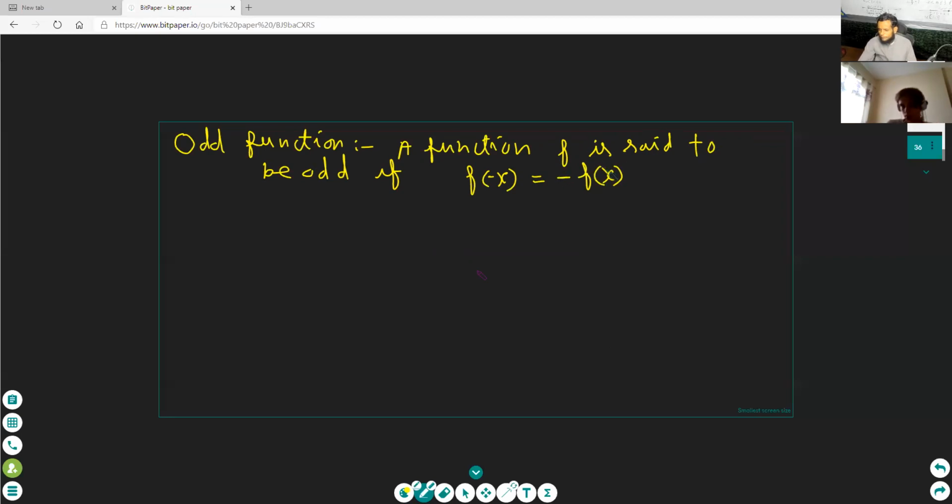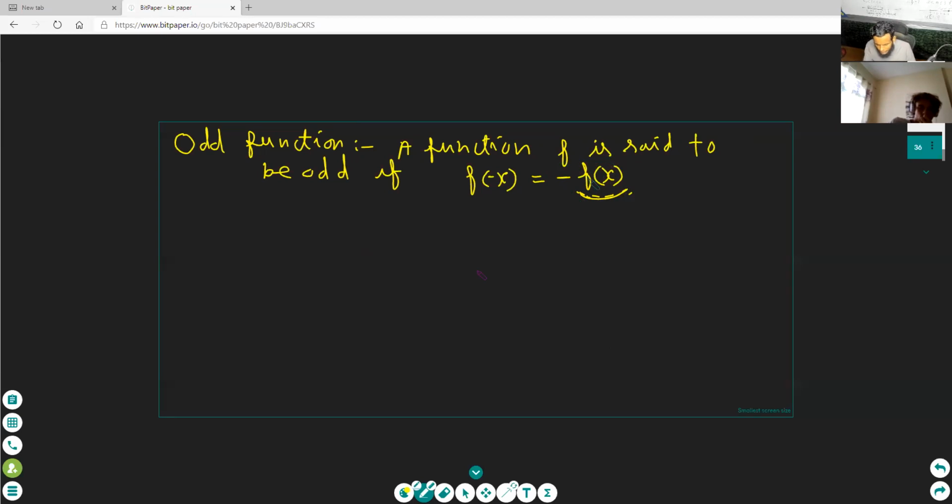For a positive value we get this value, but for a negative value we get the negative of f of x. Clear? Is it clear or not clear?